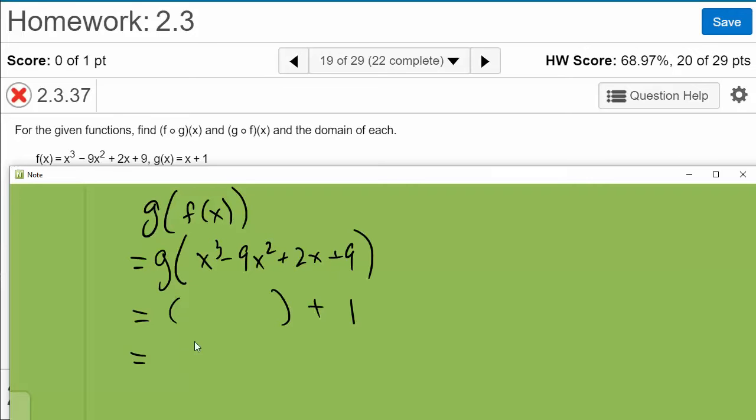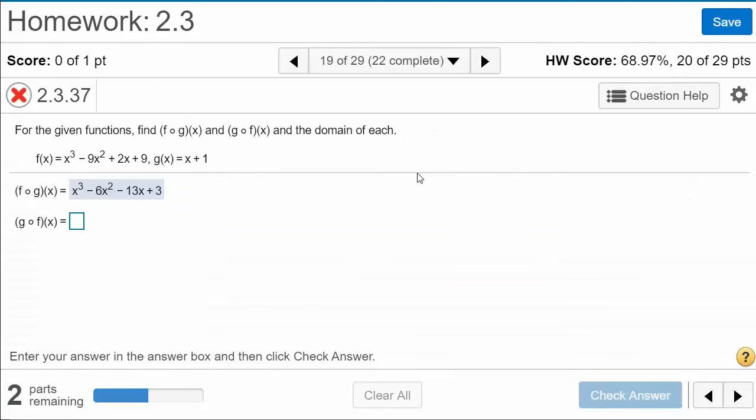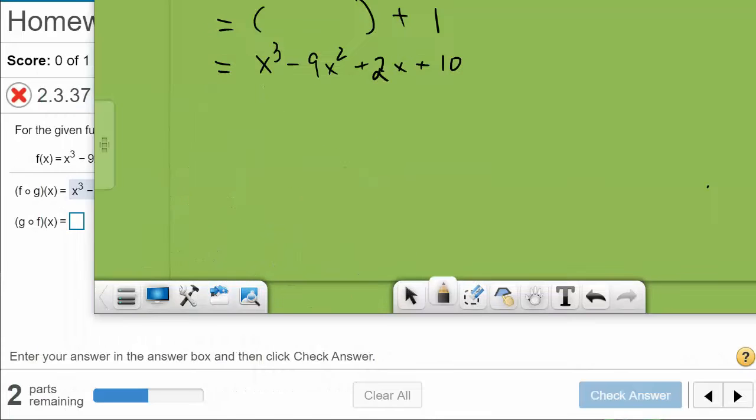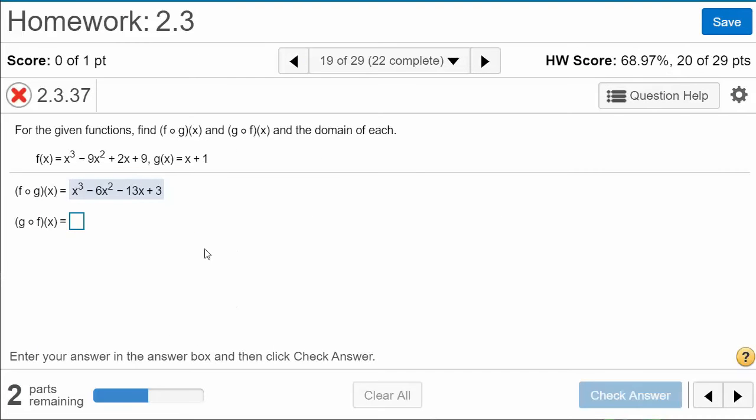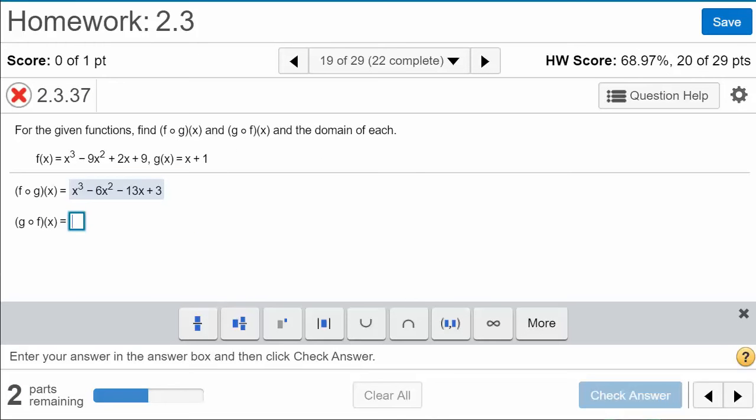I'm not going to rewrite it. It'll be x cubed minus 9x squared plus 2x. And then the 9 plus 1 would be 10. And the domain of that one would be all real numbers also. Okay, so we get x cubed minus 9x squared plus 2x plus 10.